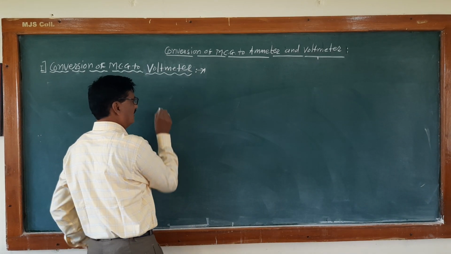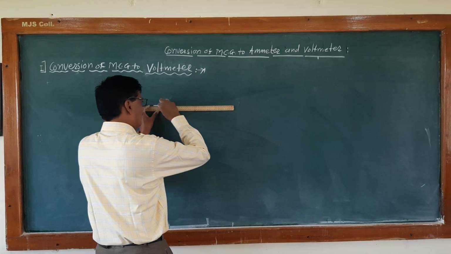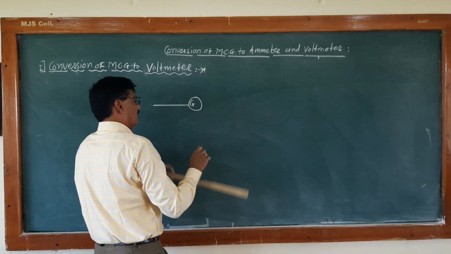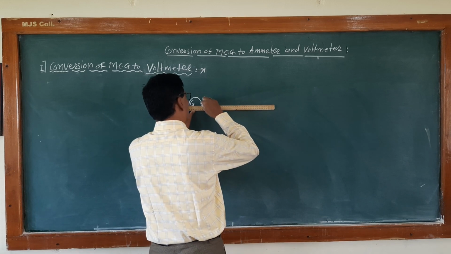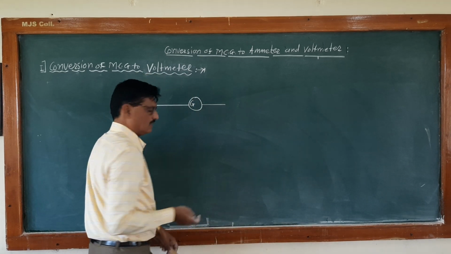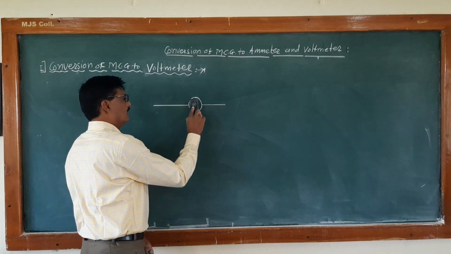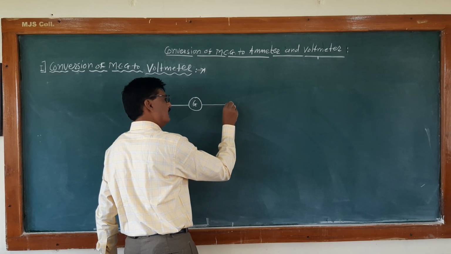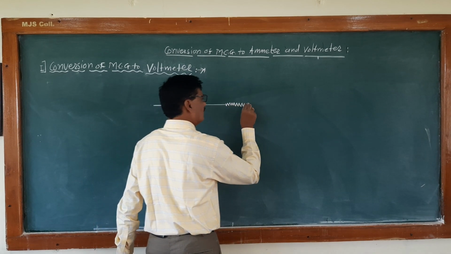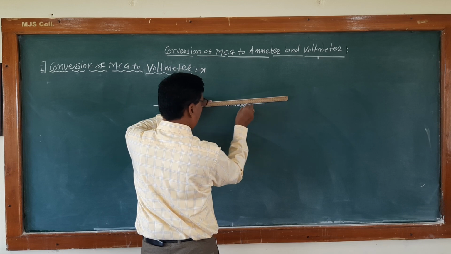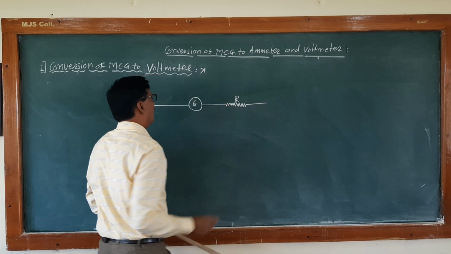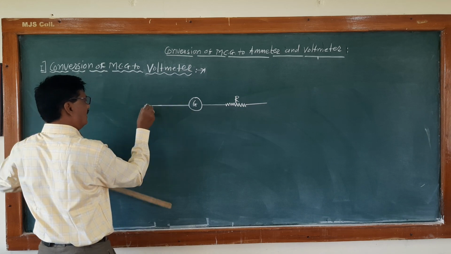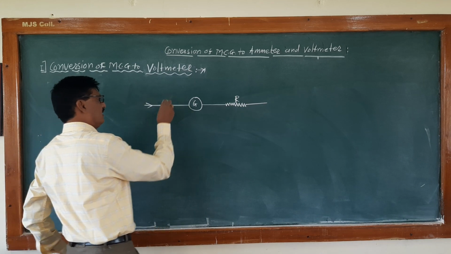Suppose this is the diagram: here is the galvanometer G, and this galvanometer is connected in series with a high resistance, capital R. Due to the source, current I flows to this galvanometer.